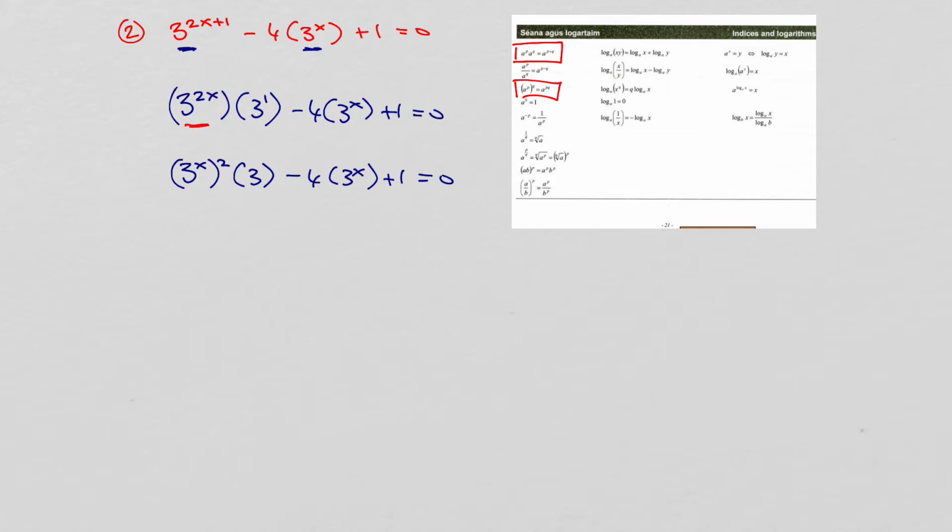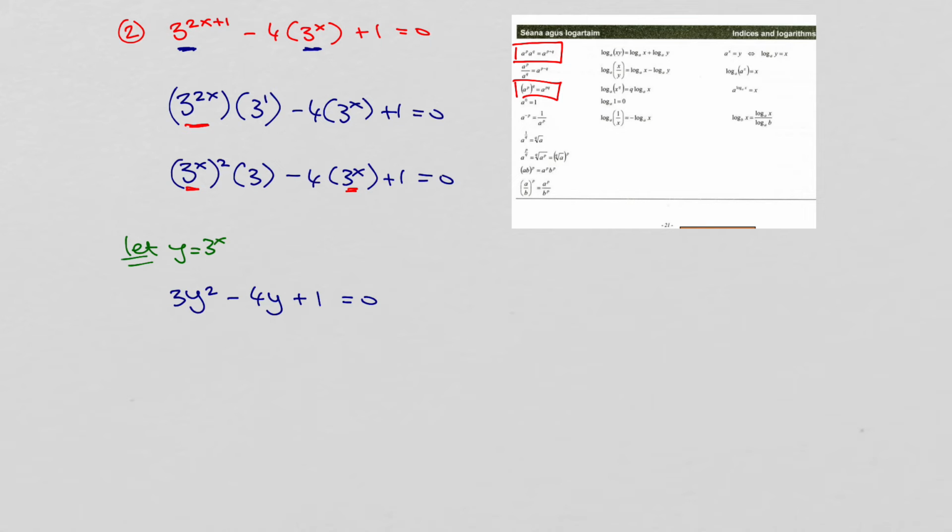So now what I'm going to do is say let y equal 3 to the x, and therefore wherever there's a 3 to the x, I'm going to put y. So that gives me y squared times 3, so that's going to be 3y squared, minus 4 times y plus 1 equals 0.